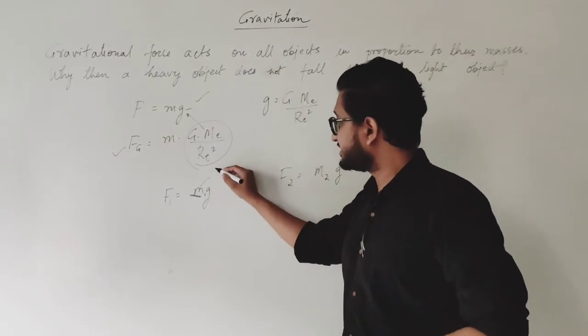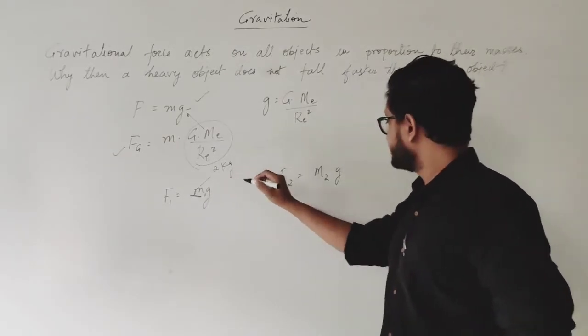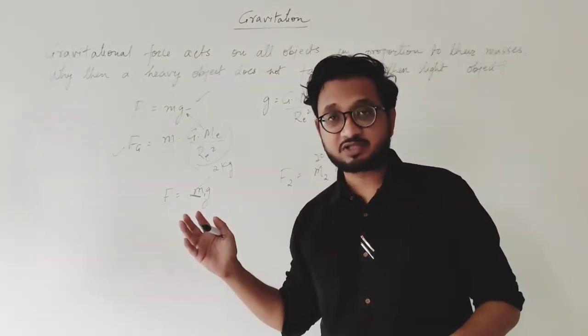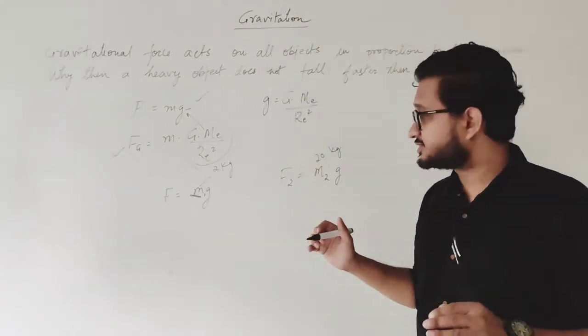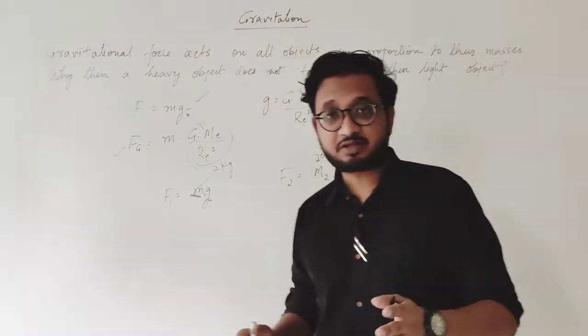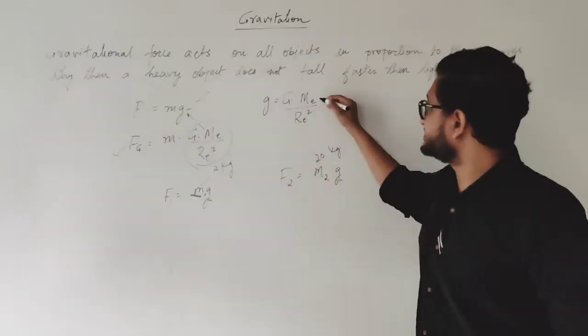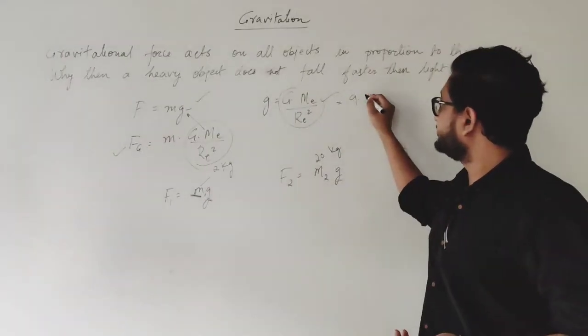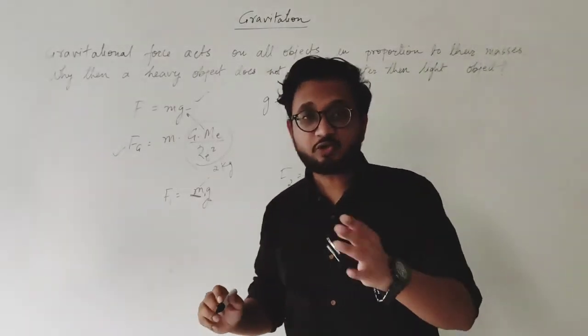Suppose this object is of 2 kg and this object is of 20 kg. So obviously there is a lot of difference between the two. But in both the cases, you will see that the value of g remains the same. That is, acceleration is not going to change. So this constant, which gives us the value 9.8, is not going to change.